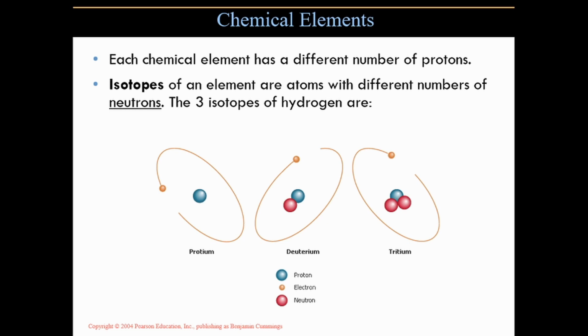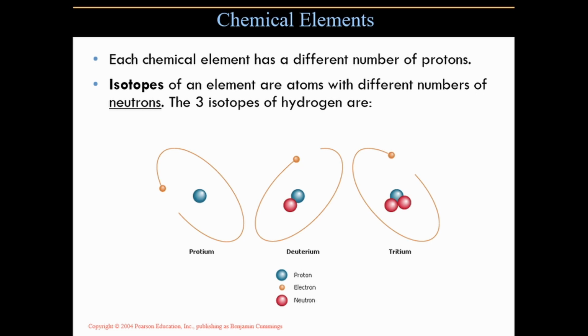It's a decimal point with a number of digits following it. So in the example of hydrogen being 1.008, what we have here is what's called a weighted average. That's how the atomic mass is arrived at. It's a weighted average of all of the element's isotopes.